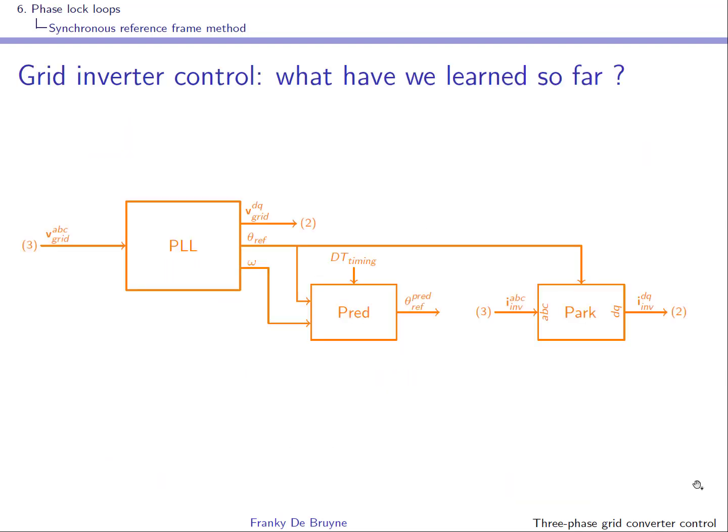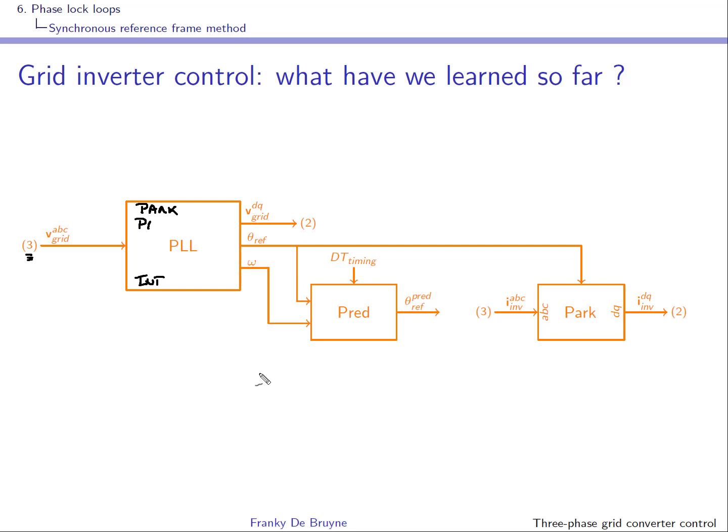So what have we learned so far? We're going to implement a PLL, and at the input of the PLL we'll put the grid voltage, and this is a signal with 3 elements, because it's in the ABC framework. Inside this PLL block, you have to implement what's on the previous slide, and in that block you had a Park transform, you had a PI controller, and you also had an integrator.